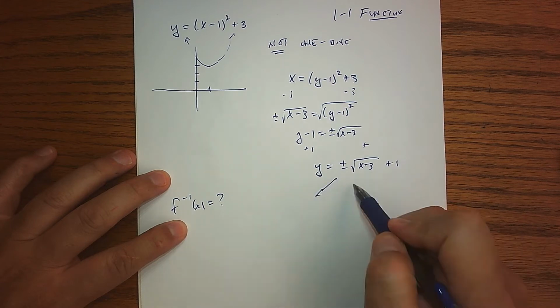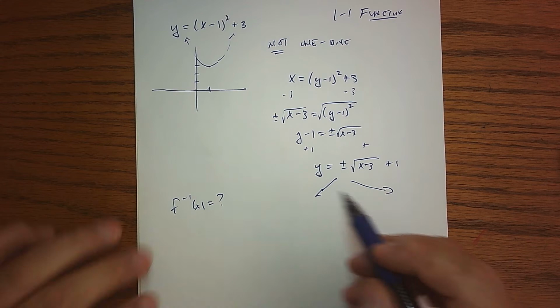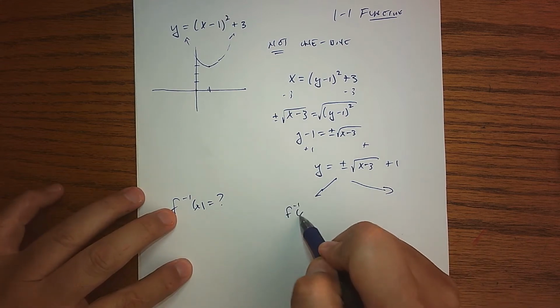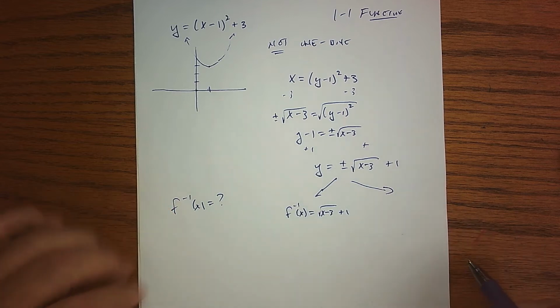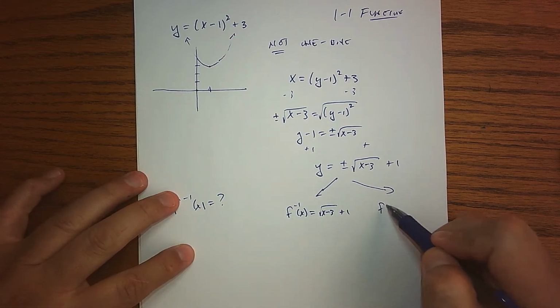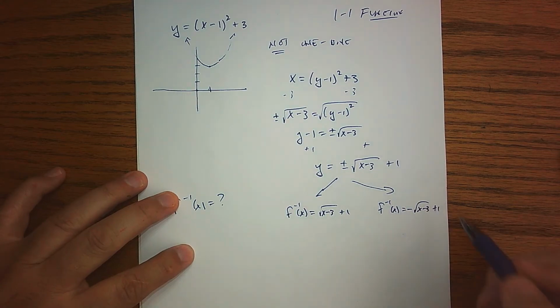So what this is basically telling us is that the inverse does exist, but there are two of them, right? One of our inverses is the positive square root of x minus 3 plus 1, and the other one is the negative square root of x minus 3 plus 1.